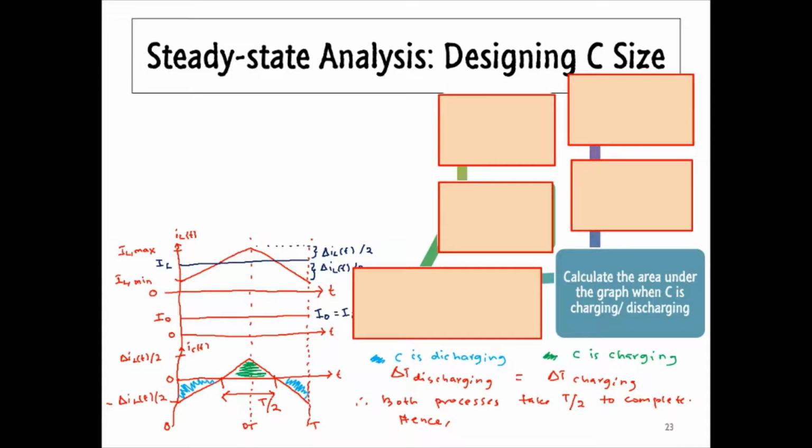For the next calculation, please choose one area only, either the area during the discharging process or the area during the charging process. Please choose the area that you can calculate easily. For this reason, I will choose the green area.